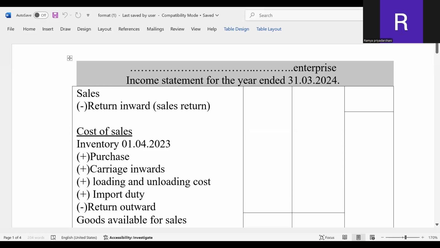Let's first draw the format before preparing the financial statement. Then try to complete the adjustments. Adjustments also cannot be done from the beginning.